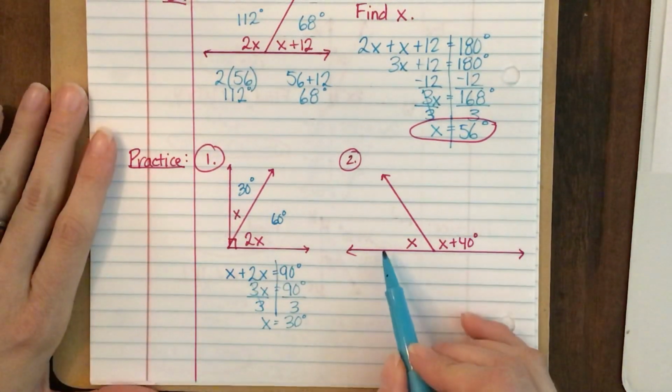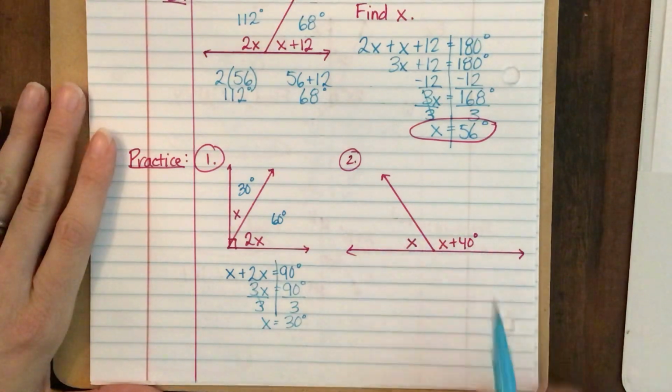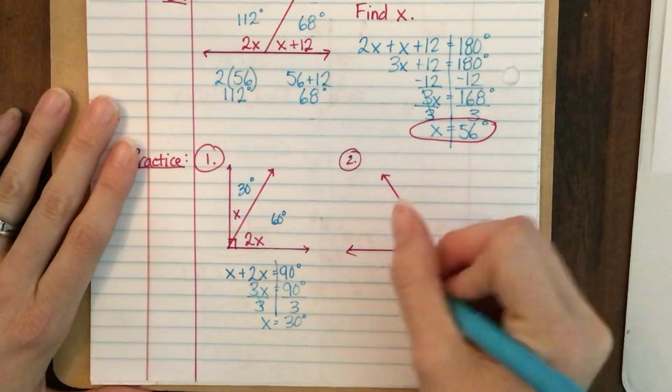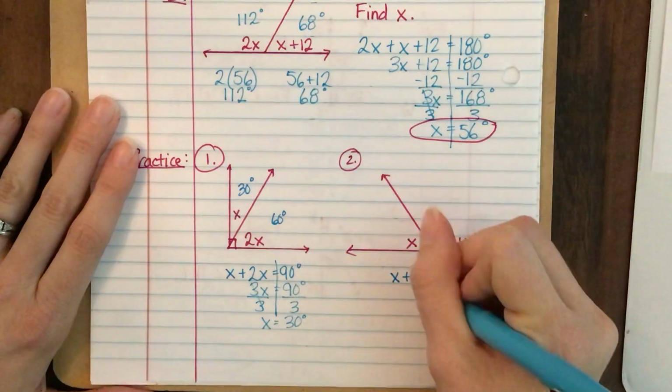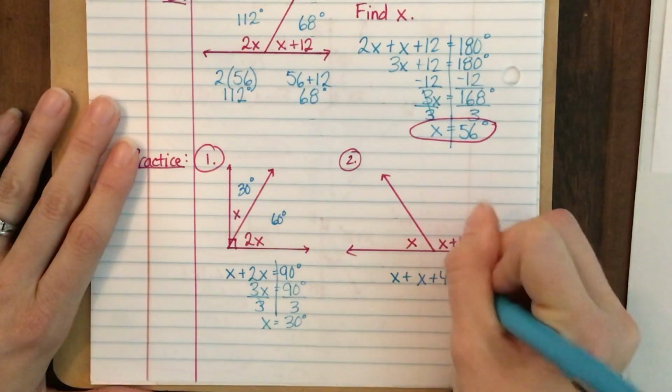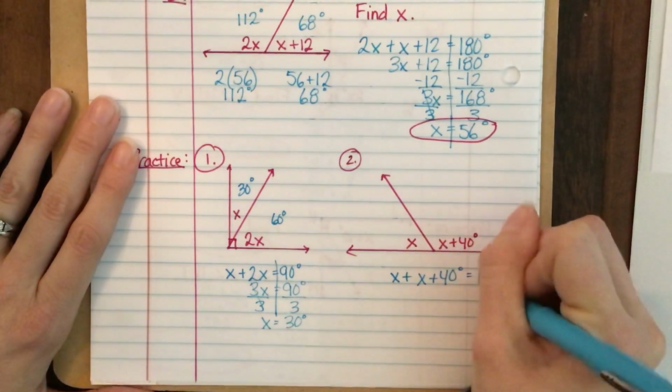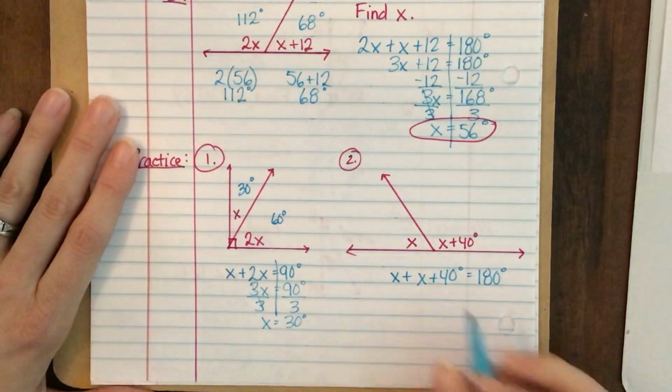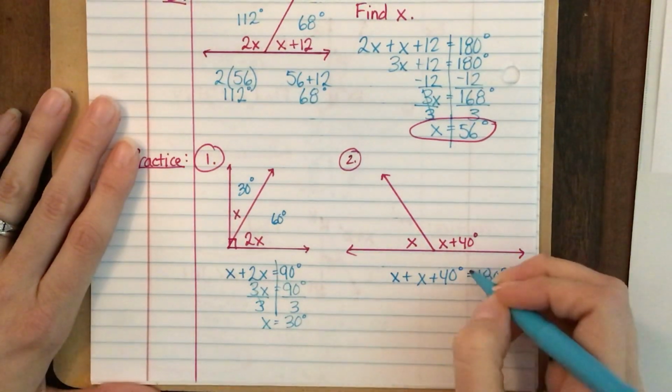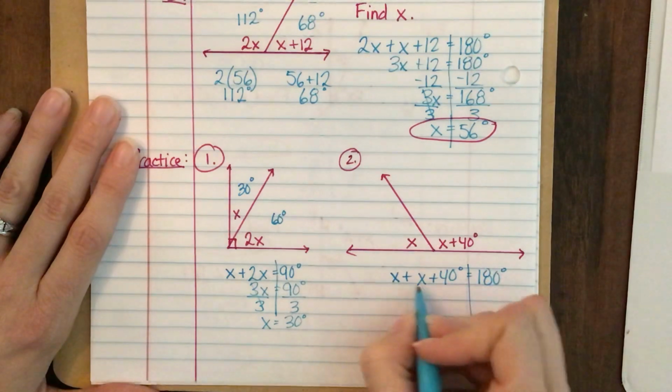Next problem. This is a supplementary angle, which means it adds up to 180 degrees. So this angle, x, plus this angle, x plus 40 degrees, is equal to 180 degrees. So I'm going to combine like terms here before I solve it. Okay, so x plus x is 2x.